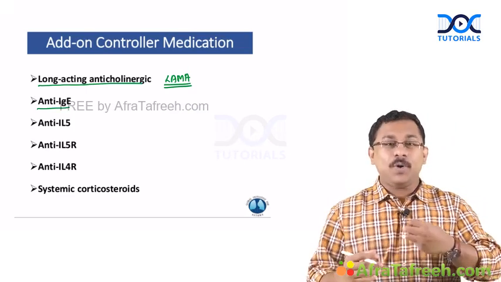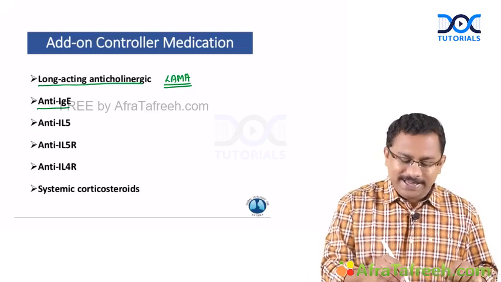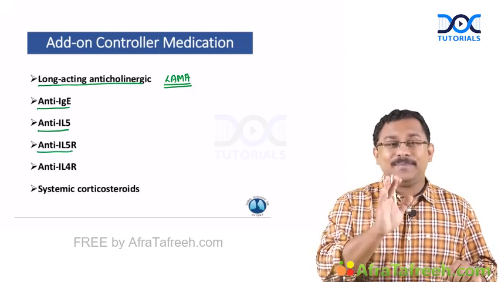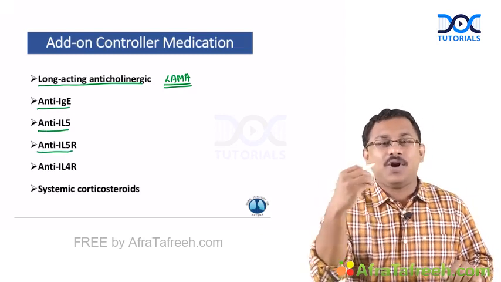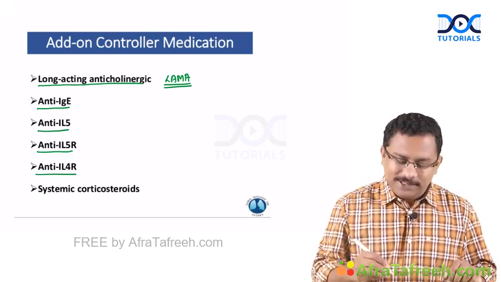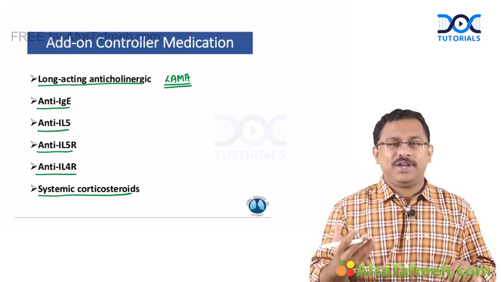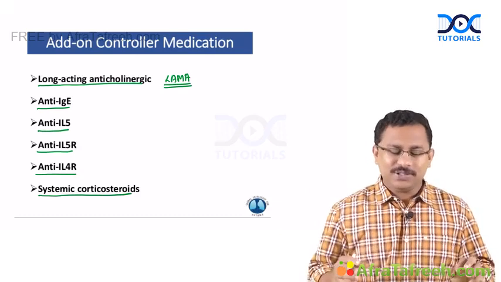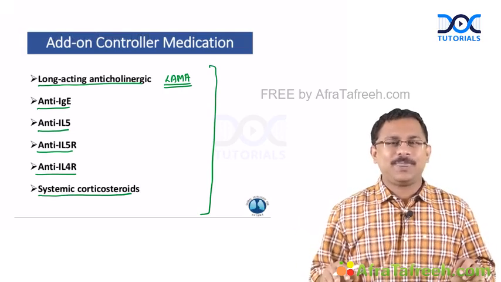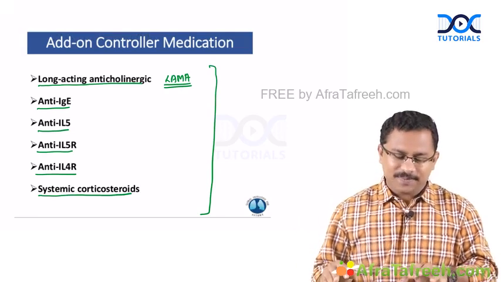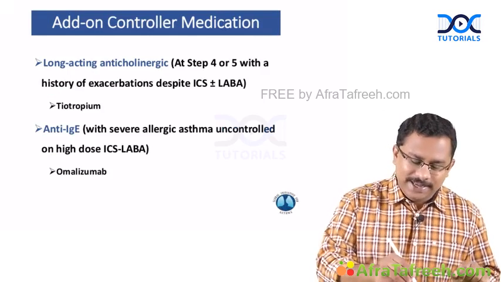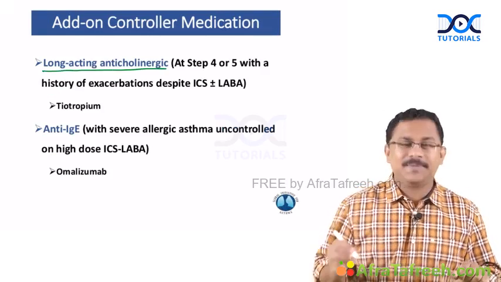There are monoclonal antibodies against IgE, against interleukin 5 or against the interleukin 5 receptor, and the anti-interleukin 4 receptor, as well as the systemic corticosteroids, that is the oral corticosteroids. So these are the add-on controller medications.